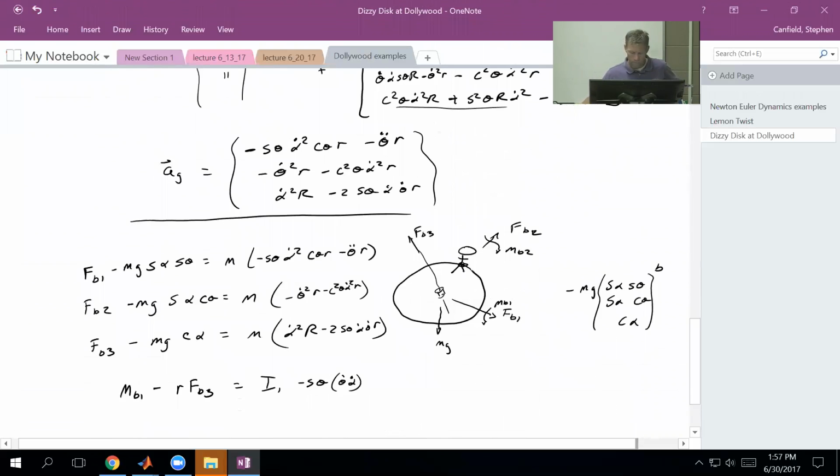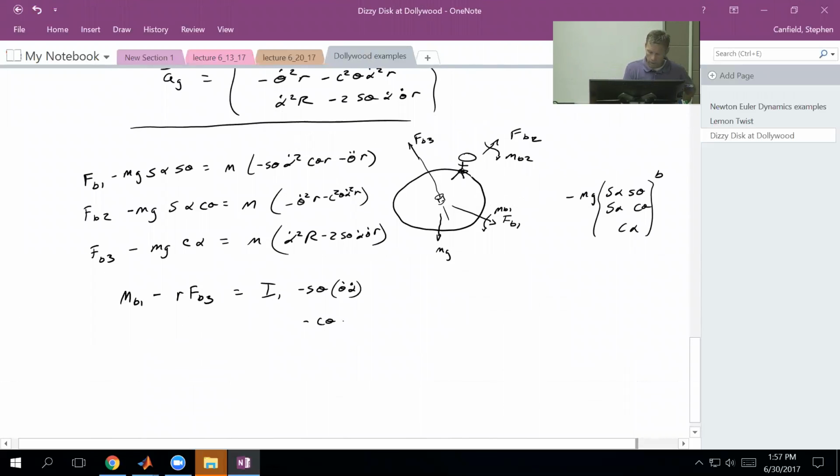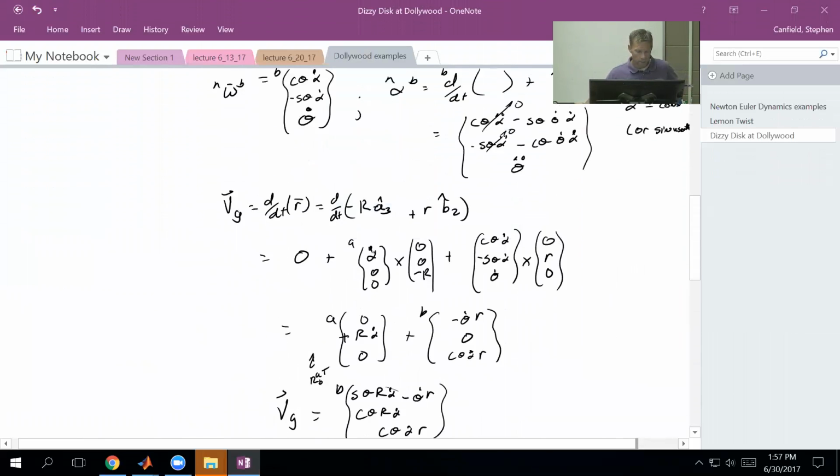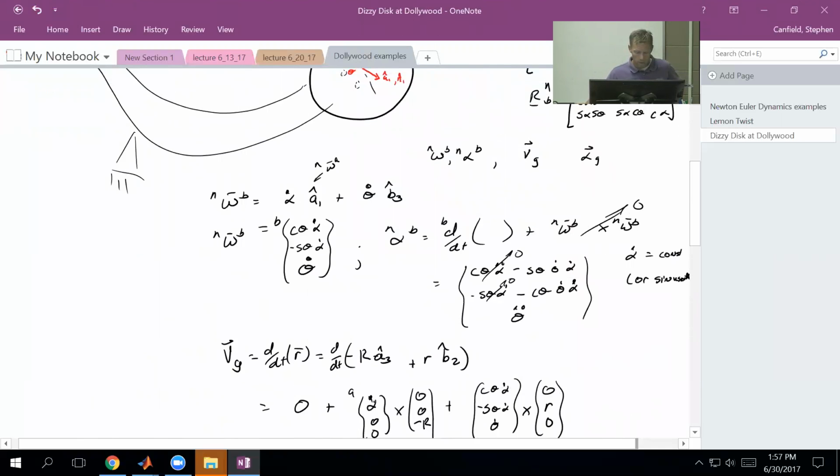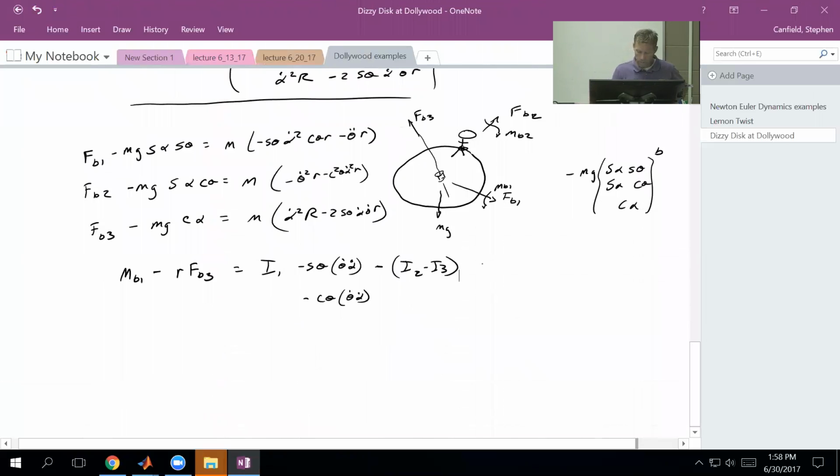And since I'm going to write the other one down, negative cosine alpha, theta dot alpha dot, minus I1 minus I3, or excuse me, I2 minus I3 times omega 2 times omega 3. So I need omega 2 and omega 3. So it's sine theta alpha dot theta dot. Same term. Just get the product of those.